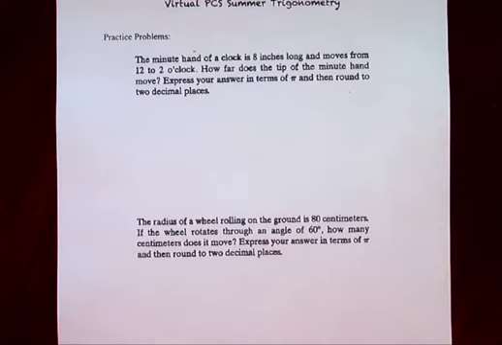It says the minute hand of a clock is 8 inches long, and it moves from 12 to 2 o'clock. How far does the tip of the minute hand move? Express your answer in terms of pi and then round to 2 decimal places. Okay, we are going to ignore the 2 decimal places, and we might not even round.